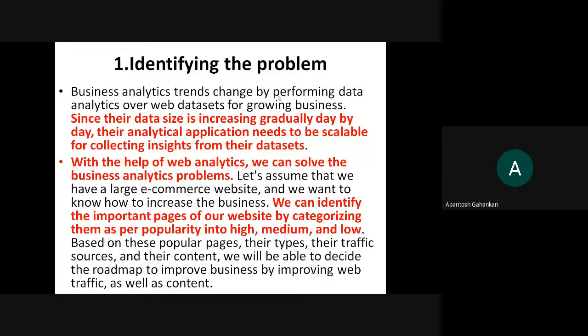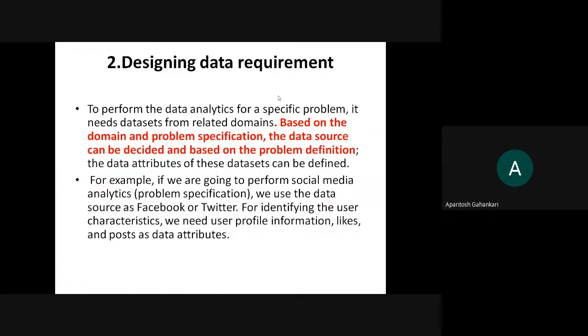So likewise, the first step is the identification of the problem. Then the second step is designing the data requirement. Once you have identified the problem, to perform the data analytics you need certain data related to that particular domain or problem specification.